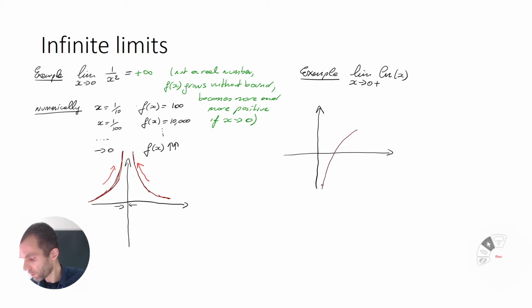The logarithm always goes through the point 1 on the x-axis and then becomes more and more negative and continues like this. So if we let x get smaller and smaller, the logarithm becomes more and more negative, and here we say that the limit is equal to minus infinity.